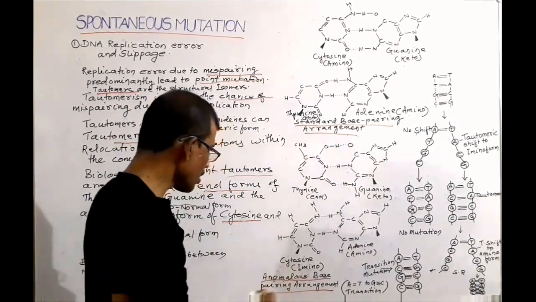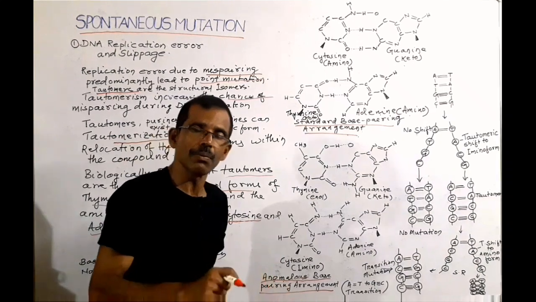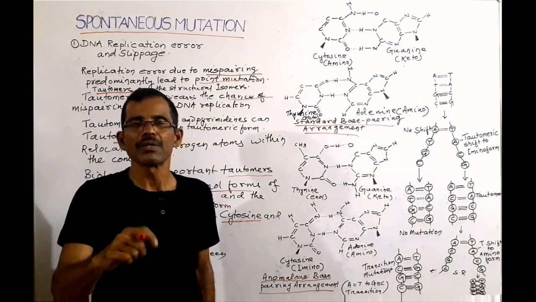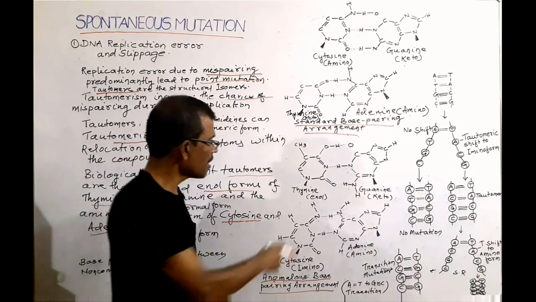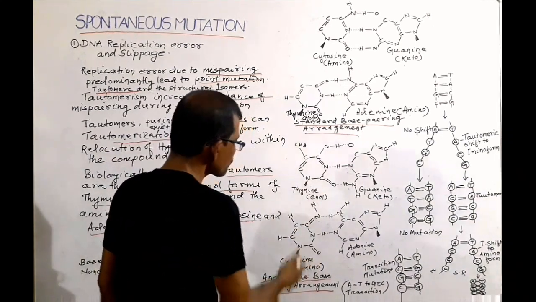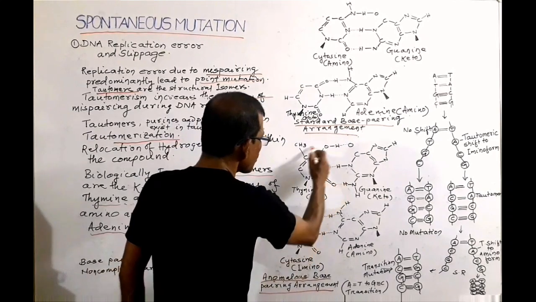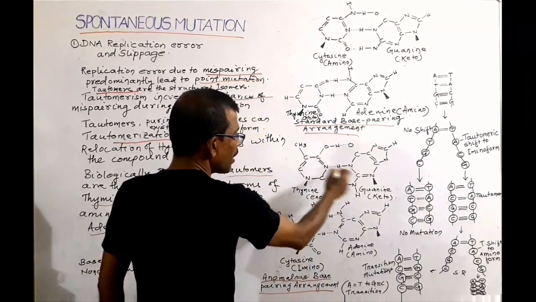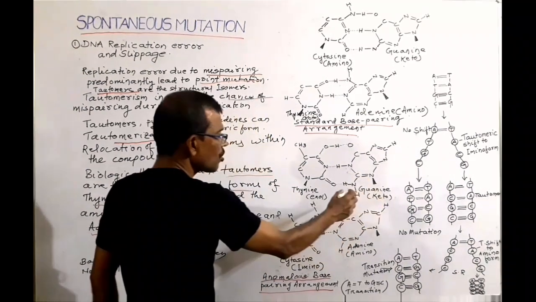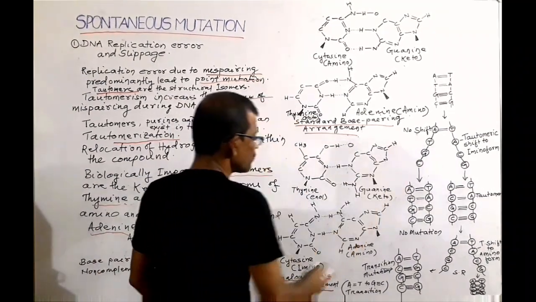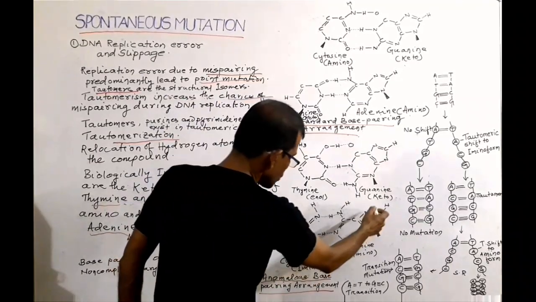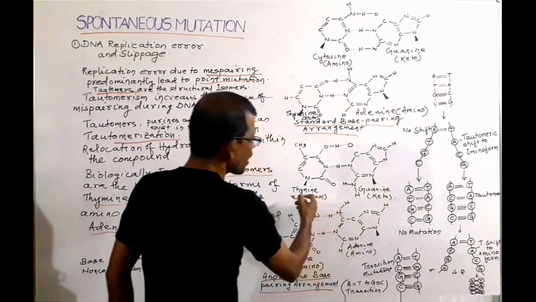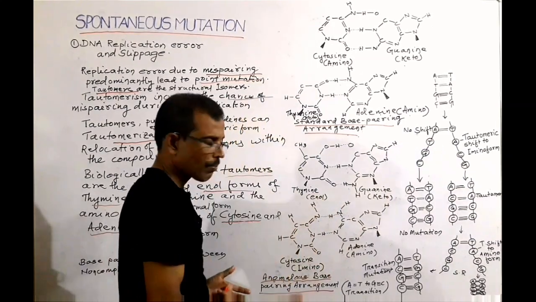But anomalous base pairing occurs between enol form and imino form of nitrogenous bases. Here there are two examples. This is the enol form of thymine. This is not the common form. And this is the keto form of guanine. Here, the keto form of guanine base pairs with thymine, which is not normal.